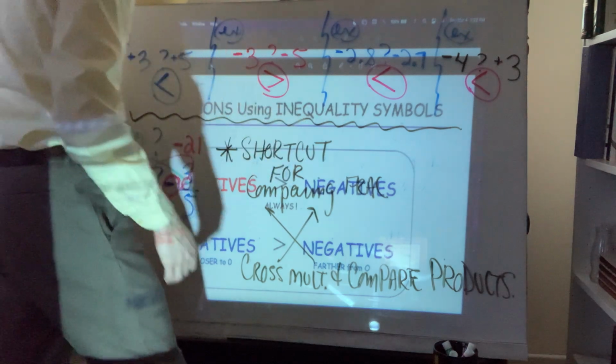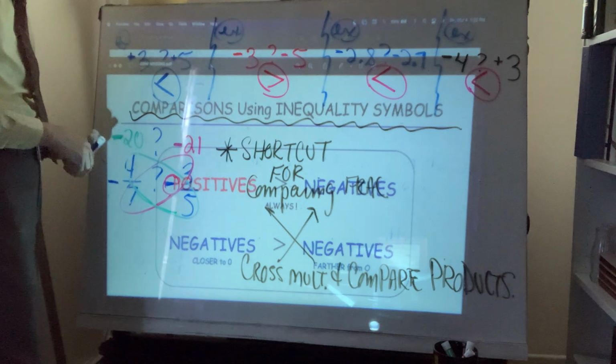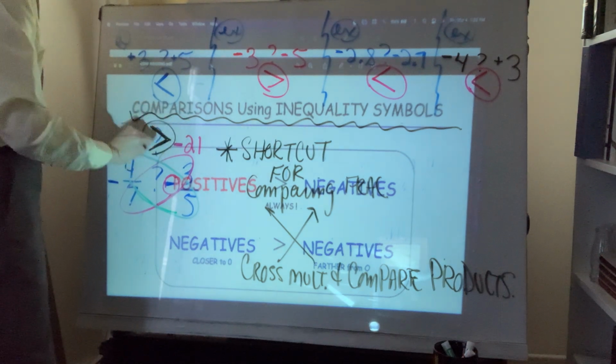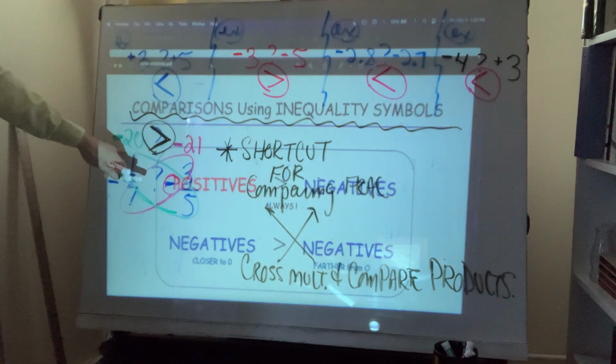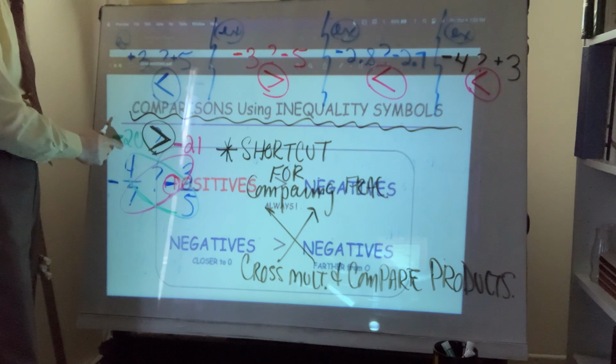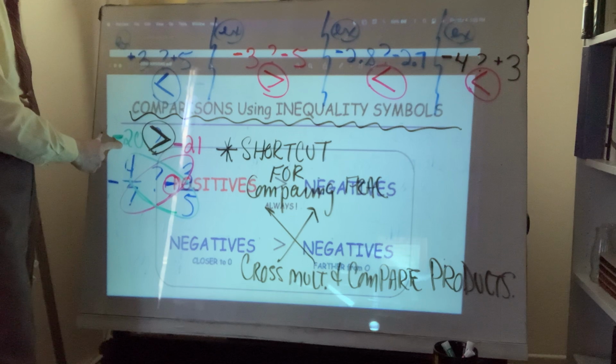So from the perspective of 20, this is the relationship, greater. Negative 20 is automatically greater than negative 21 because this is closer to the positives. And the positives are always greater than negatives.